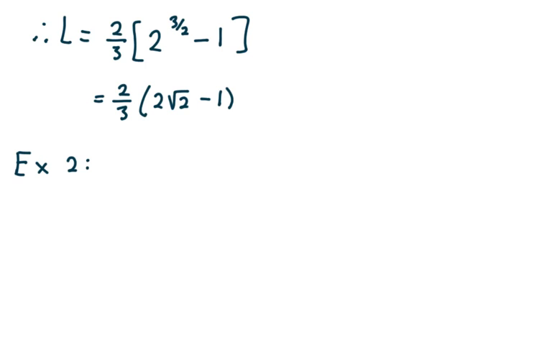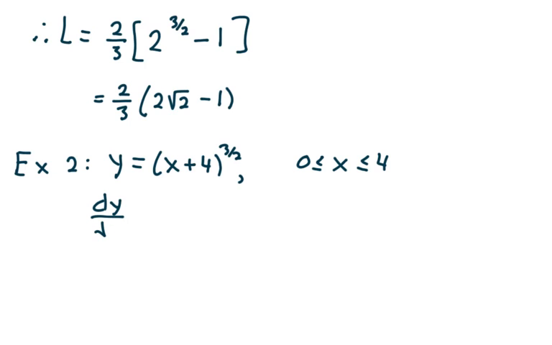If we take a look at example 2, we get y equals x plus 4 to the 3/2. And here x is in between 0 and 4. So if I take dy dx, I get 3/2 times x plus 4 to the 1/2.